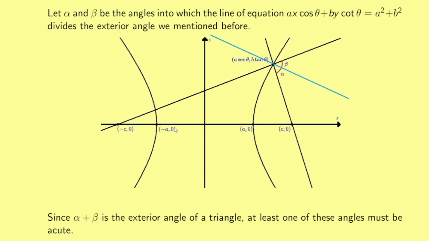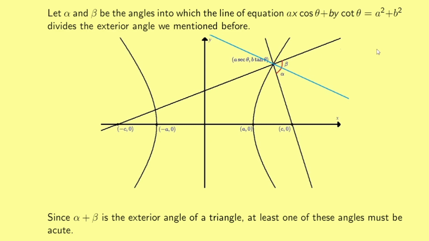So we are going to assume, we don't know yet if beta is acute or not. So we call gamma the acute angle between the blue line, the normal line, and this line here connecting the focus minus C0 and the point A secant theta, B tangent theta.